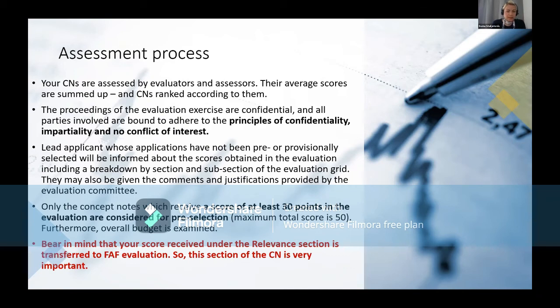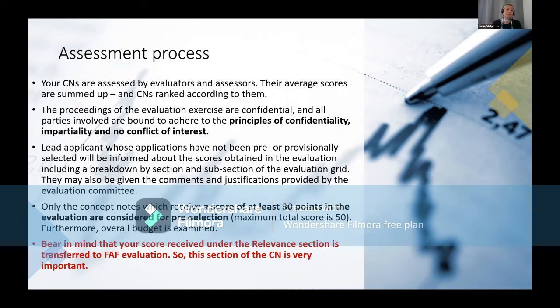Lead applicants whose applications have not been provisionally selected will be informed about the scores obtained in the evaluation, including breakdown by section and subsection of the evaluation grid. You will see the questions in the evaluation grid later on. Only those who have not been invited to the second step, the submission of the full application, will be informed about the scores.